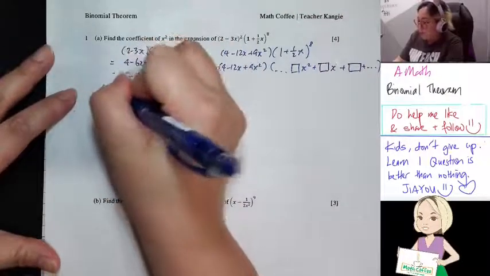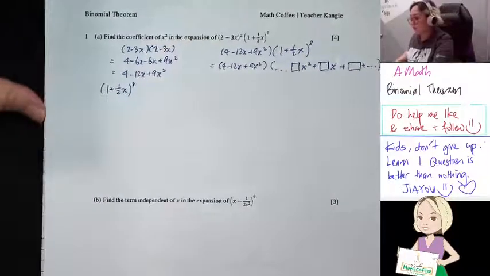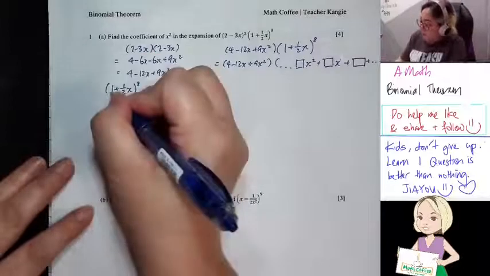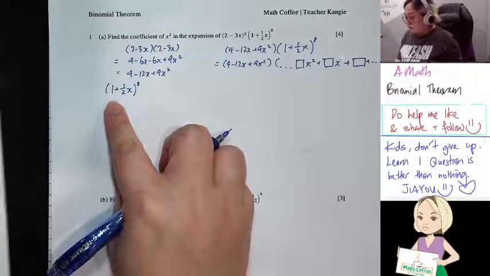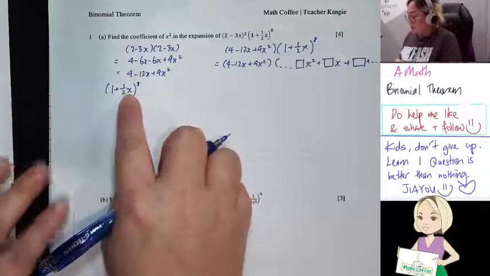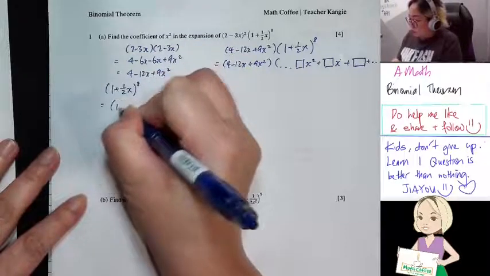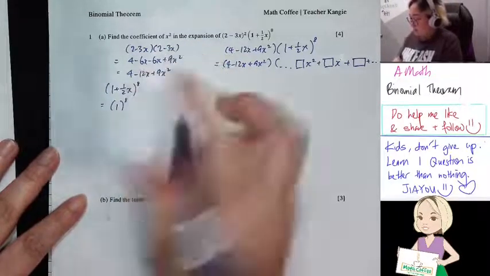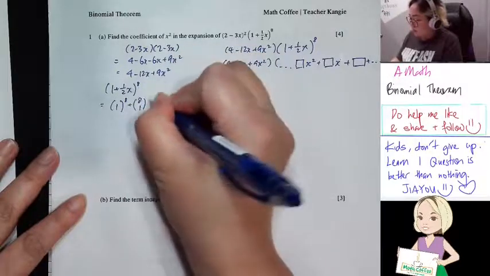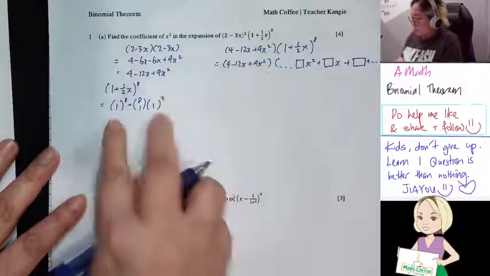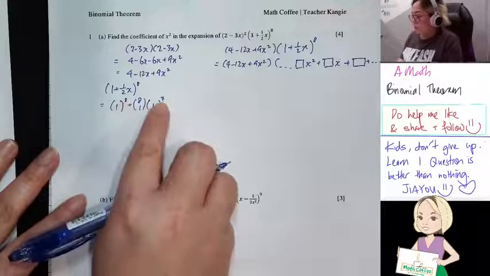So, see here, 1 plus half x to the power of 8. See how I expand. Okay, this is my a, this is my b. My b is half x, my a is 1. So it will be 1 to the power of 8 plus 8C1, 1 to the power of 7. Look at the a. The a is decreasing power, so from 8, then after that 7.